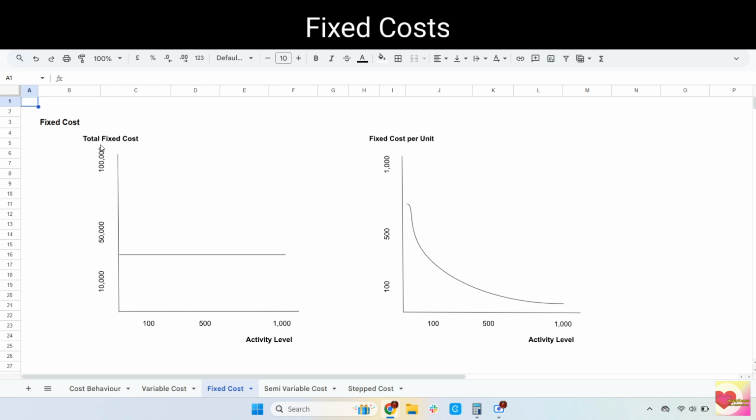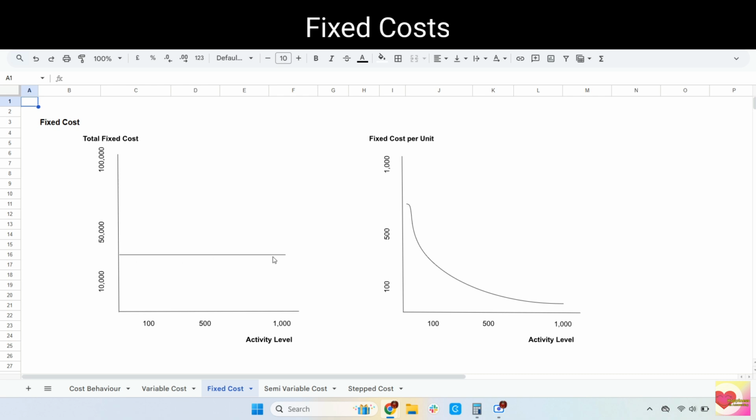Again, let's pay attention to the total here. And this line shows the activity level or the number of units produced. And this line shows the relationship of these two. We can see that the total of the fixed cost is still the same as the activity level increases.